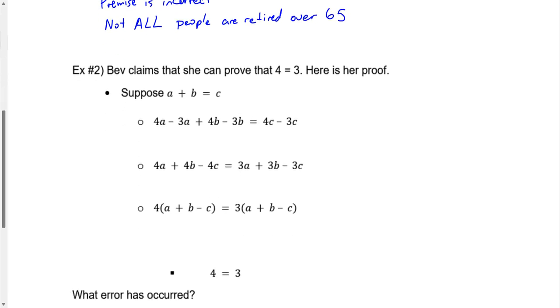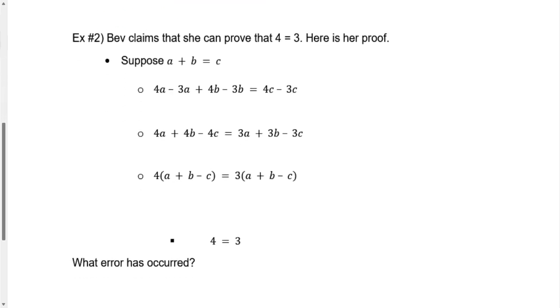Another one that's going to produce an error. And this one is actually the example of this is not circular reasoning. We'll see what the error actually is. So Beth claims that she can prove that 4 equals 3. And here's her proof. So we can see automatically here that this is a deductive reasoning proof.